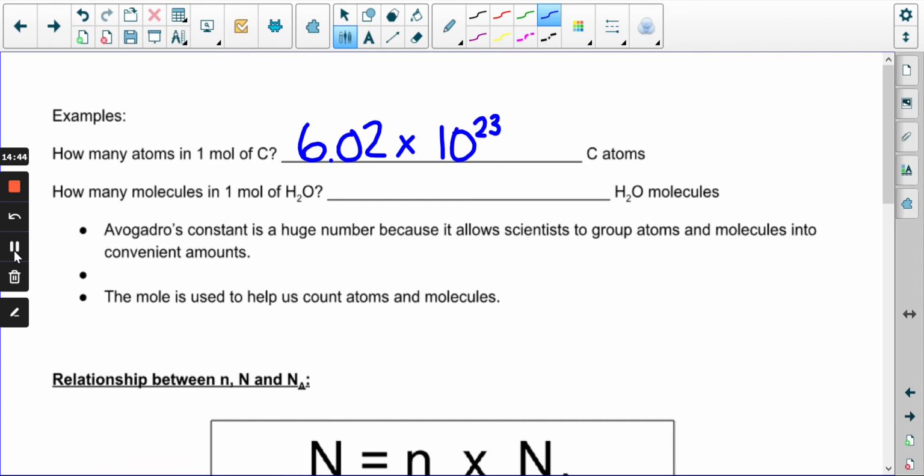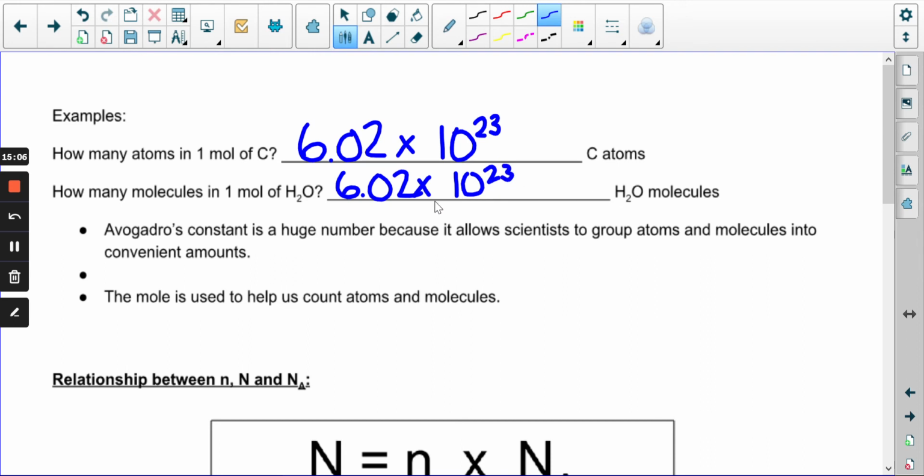Now, in this context, atoms would be the entity. However, I could still also be asking about molecules. So let's say I had 1 mole of H2O, 1 mole of water. Well, that's still 6.02 times 10 to the 23 H2O molecules.